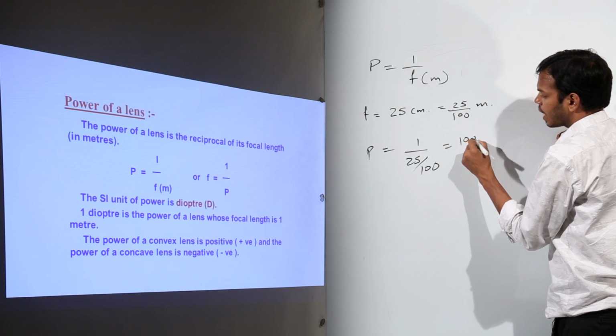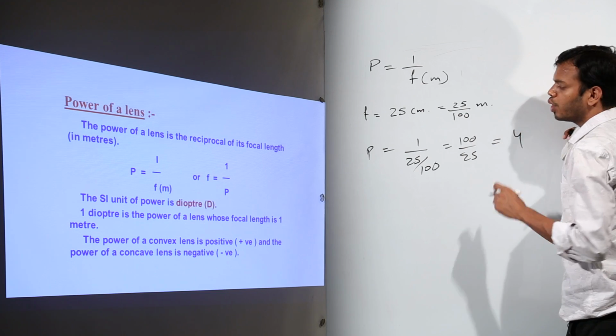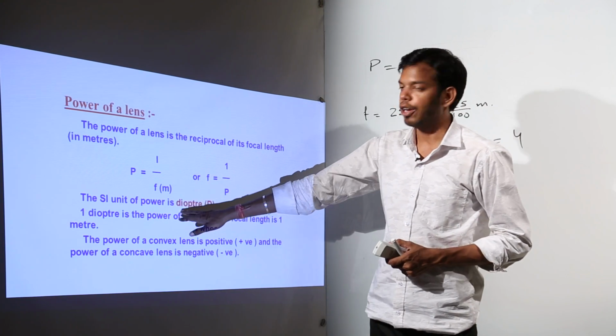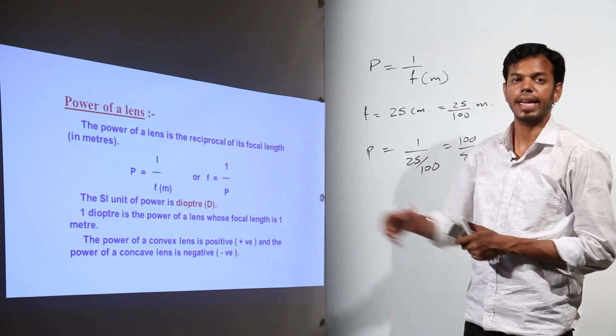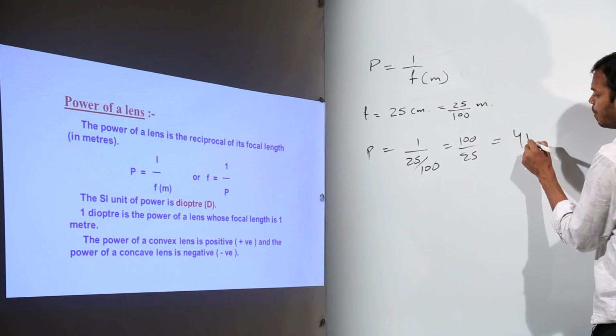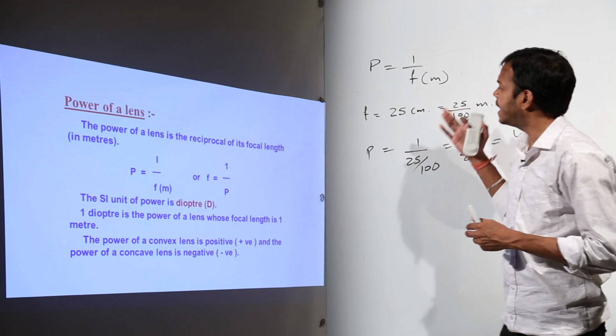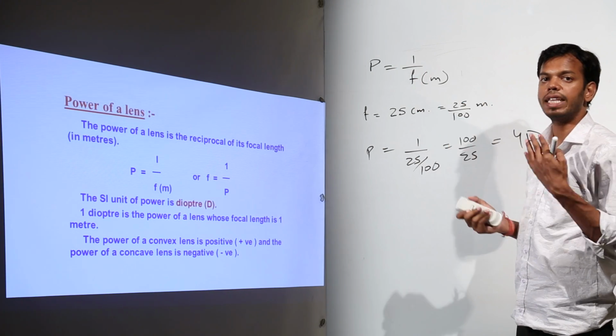That means 100 over 25, that means 4 units. And what is the unit of power? Power's unit is diopter. It is denoted by capital D. So our answer would be 4 diopters.